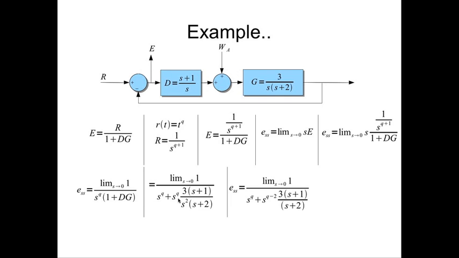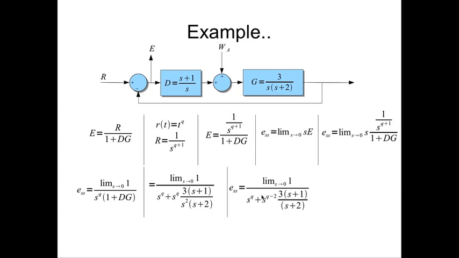Now this s squared cancels with two of these s's here, so this becomes s to the power of q minus 2. Now let's say q equal to 0. No, I mean q equal to 2. So if q equal to 2 and I let s go to 0, now 2 minus 2 is 0, so s to the power of 0 is 1.